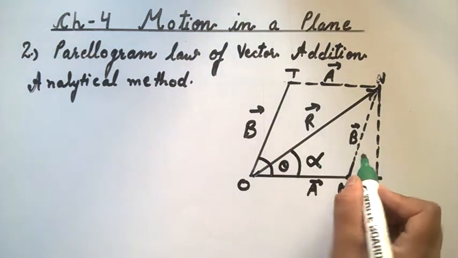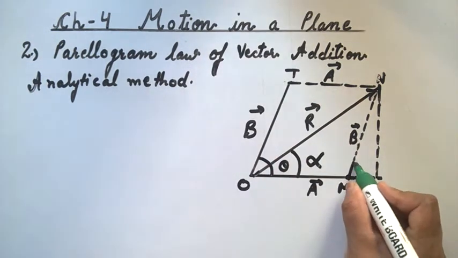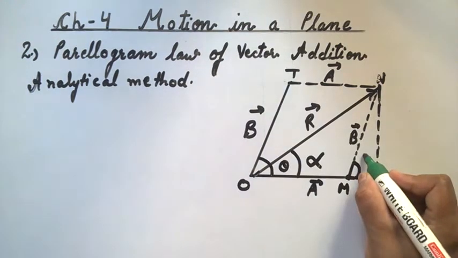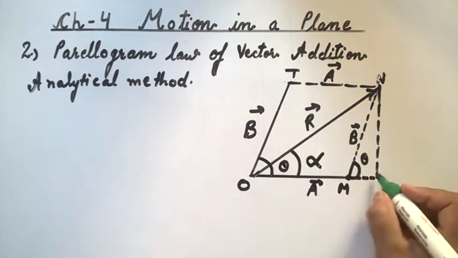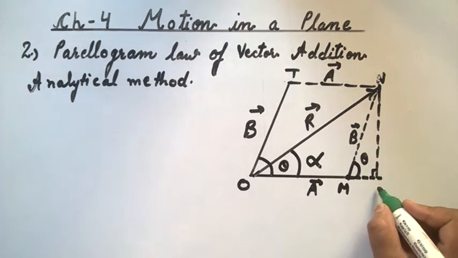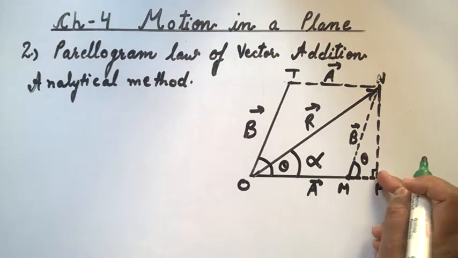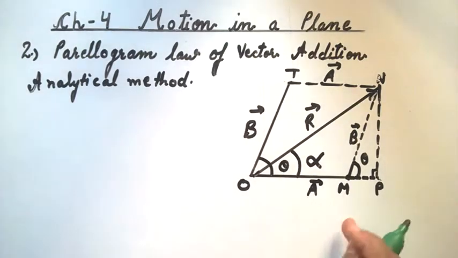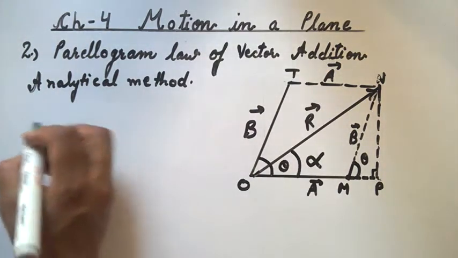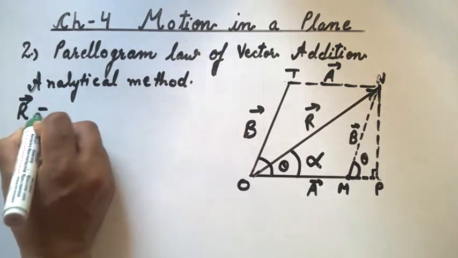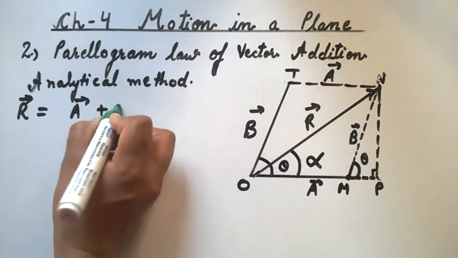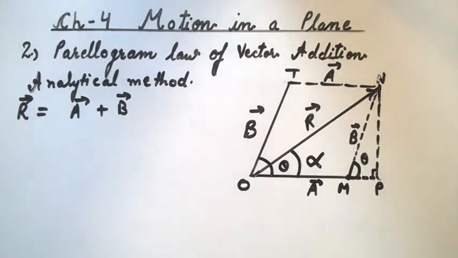This is B vector, this is A vector, therefore this is the angle between A and B, that is theta. This is 90 degrees. Let it be point P. Now, as we know that R vector equals A vector plus B vector, consider right angle triangle ONP.